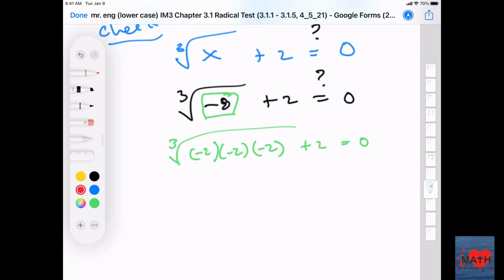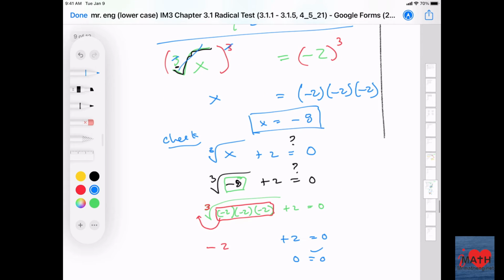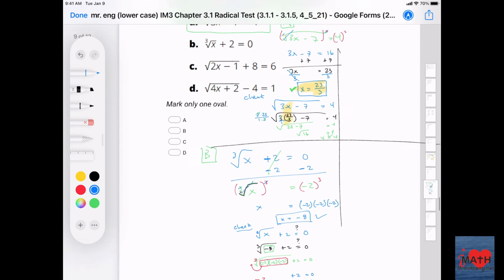So basically the index tells you that you need 3 of these inside the house, these little kids that come outside the house into the scary neighborhood. But when you see those numbers from far away, it looks like just one number. And that is true, right? 0 equals 0, which means x equals negative 8 is a solution.